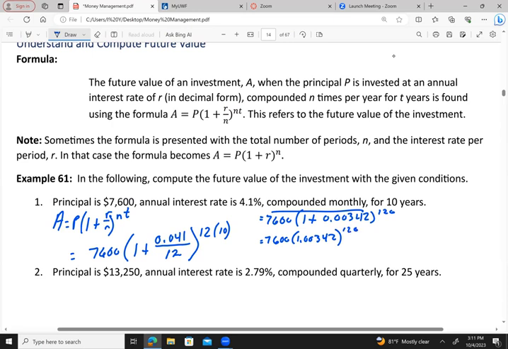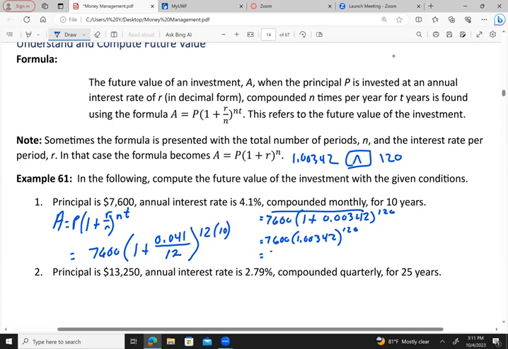Remember to do that, you use your caret button. 120, not one, there, 120. So you do 1.00342 caret 120. So let's do that. 1.00342 to the 120th power.